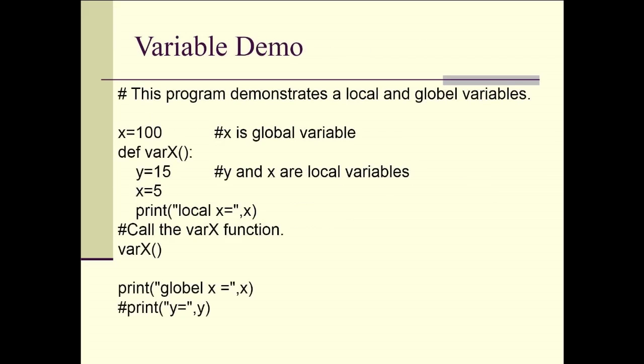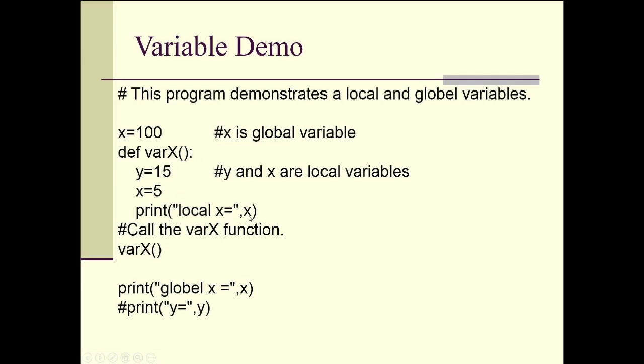Okay, take a look at this program. This is written in Python as well. We'll try to stay with that language. Now, if you'll notice here, we have a variable x equals 100. That's going to be an outside variable, or a global variable. Then we've got a function var x. Notice I'm keeping to the naming rules, but it's telling me it's a variable x, and it has empty parentheses, colon, and I have y equals 15, x equals 5, and we're going to print x.